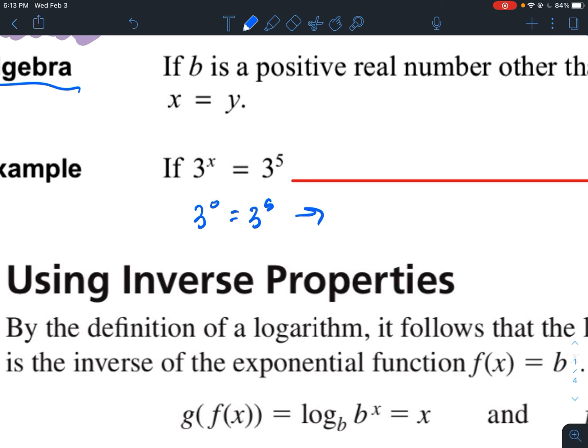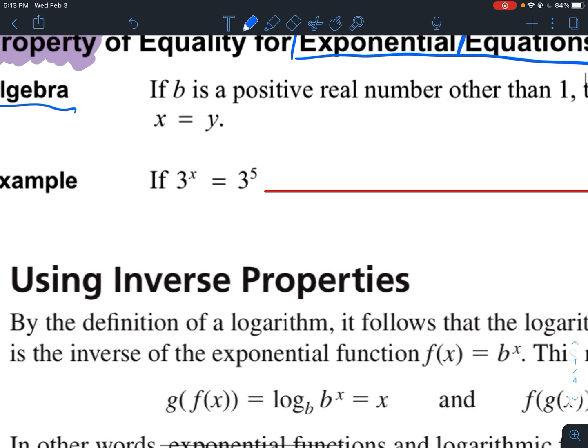Well, that's obviously false. That's not true. So the only way to make this algebraic expression true is for x to be equal to 5. That's why if 3 to the x is equal to 3 to the 5th, then x is equal to 5. Okay, and we can use this to solve algebraic equations.